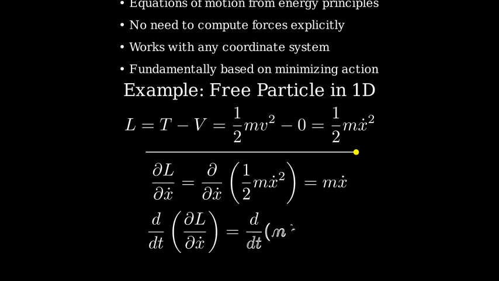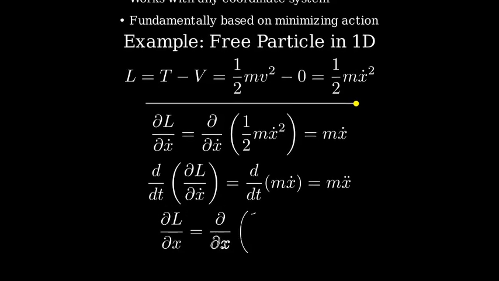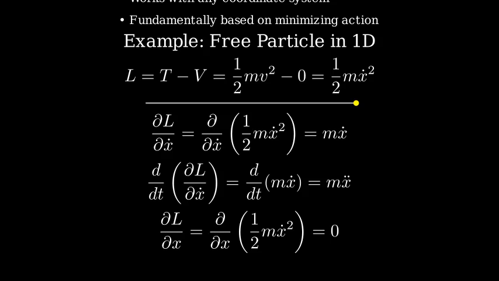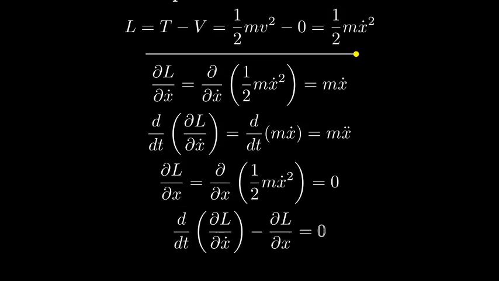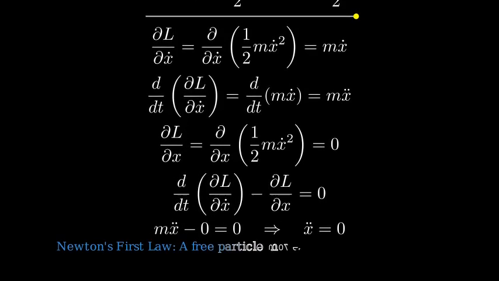Then we compute the time derivative of this, which is m x double dot. Next, we compute the partial derivative of L with respect to x, which is 0, since L doesn't depend explicitly on x. Plugging these into the Euler Lagrange equation, we get m x double dot equals 0, which means x double dot equals 0. This is Newton's first law of motion. A free particle moves with constant velocity.